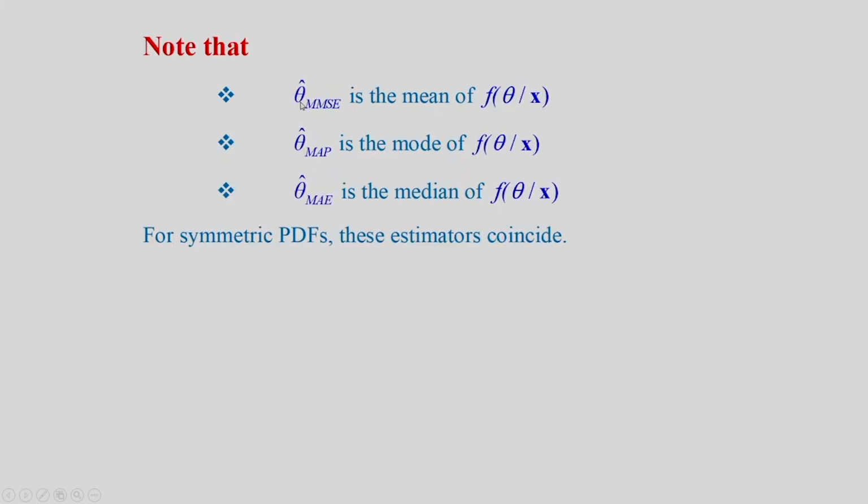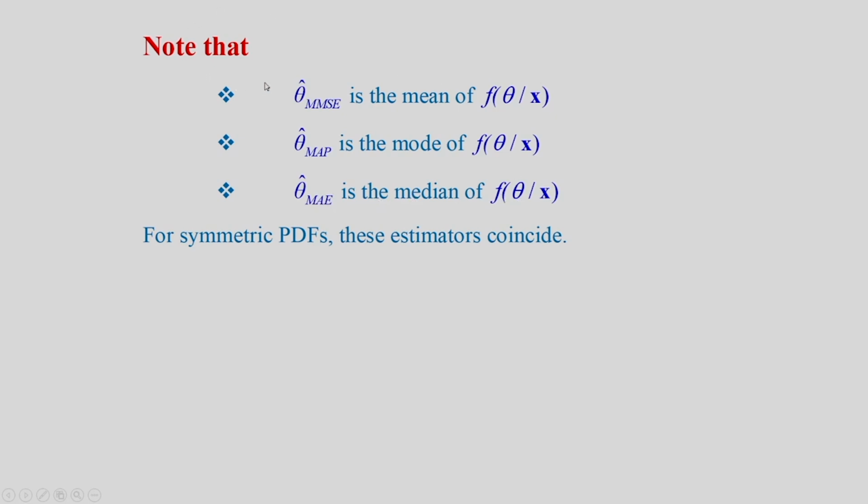Now, we note that theta hat MMSE is the conditional mean. It is the mean of f of theta given x. Theta hat MAP is the mode of f of theta given x, and finally theta hat MAE is the median of f of theta given x.